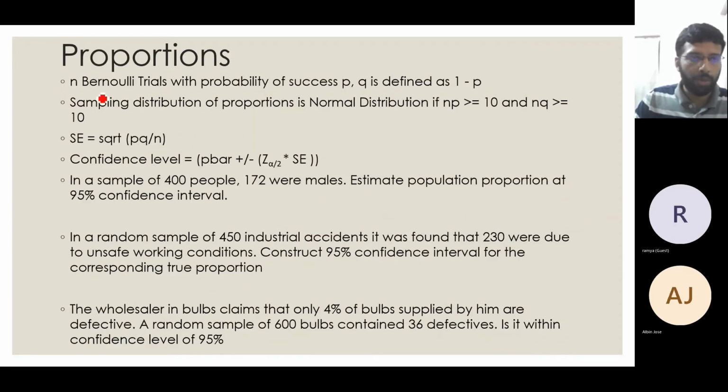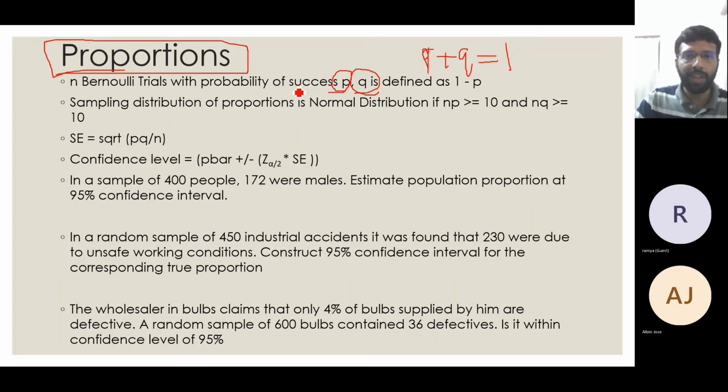So what is called a proportion? Proportion is like what I am doing in Bernoulli trials. I am tossing a coin. There's a probability half where it is head or tail. I am repeating it 1,000 times, 10,000 times. Then I try to find out, of these 1,000 times, how many times head came or how many times tail came. That way I will define the probability of success P and probability of failure as Q. And P plus Q will be 1 only, right?